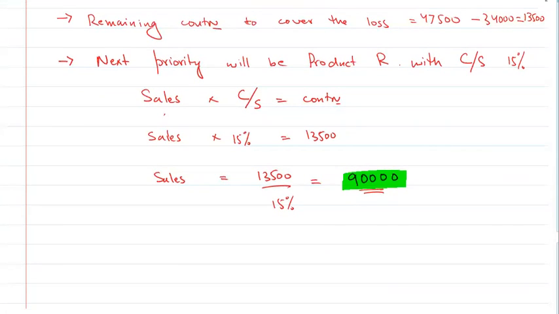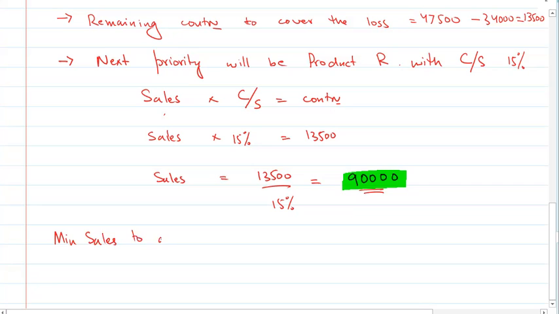So the minimum sales to get to the break-even point will be, first of all, the minimum sale 130,000, the revenue from product P, which is 170,000, and the revenue from product R, which is 90,000.